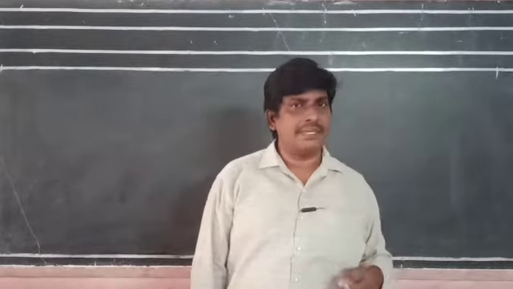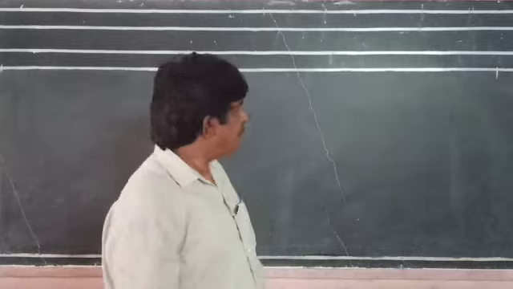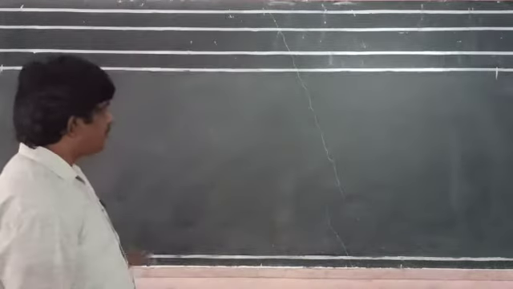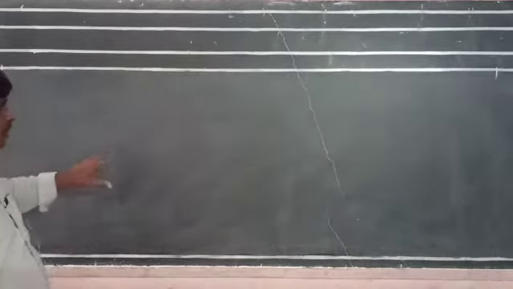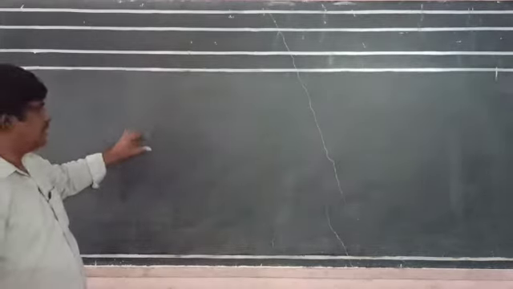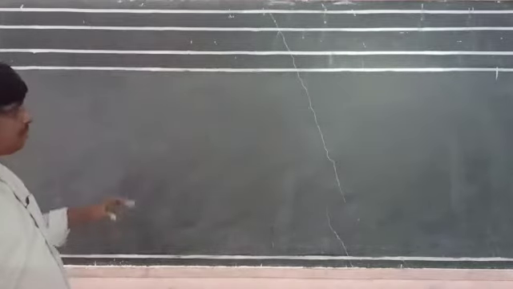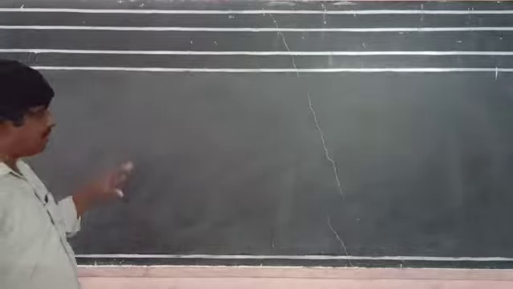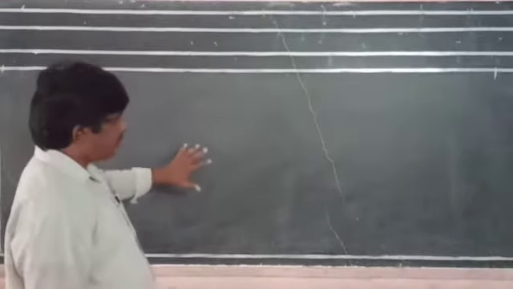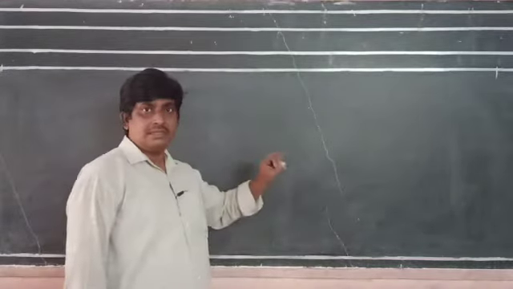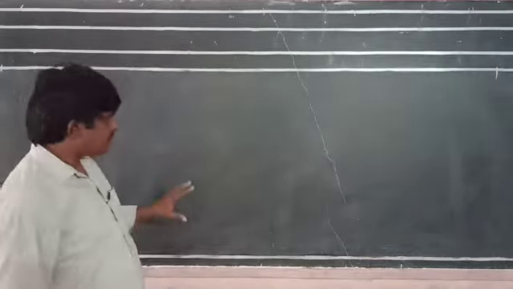So coming to mathematics, I want to take a blackboard. What is the blackboard? You know it. A blackboard is nothing but a plane. The plane consists of infinite points.